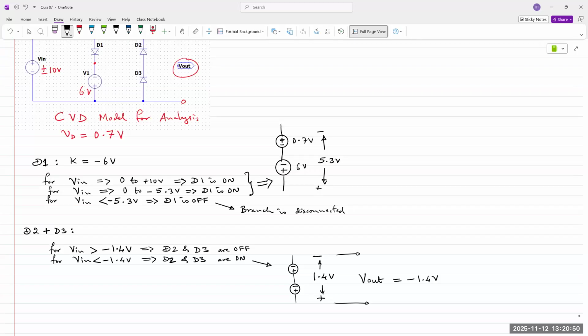Once the diodes turn on, they are providing us a constant voltage. Okay, this is a model. CVD model means we are modeling our diode as a constant voltage source. So it's in the name itself. The current through the diodes can increase, but the voltage will remain constant. So V out is minus 1.4 volts when the diodes are on.